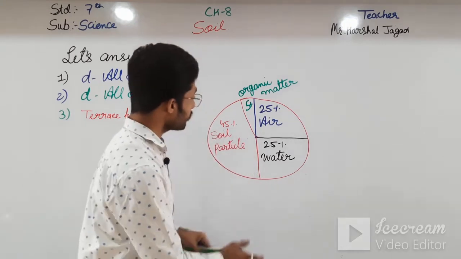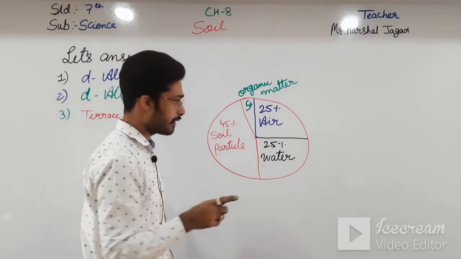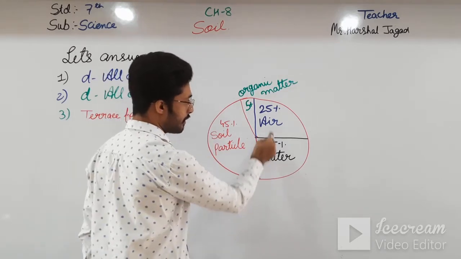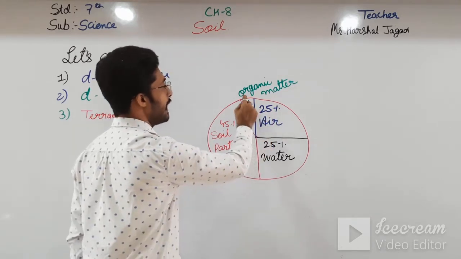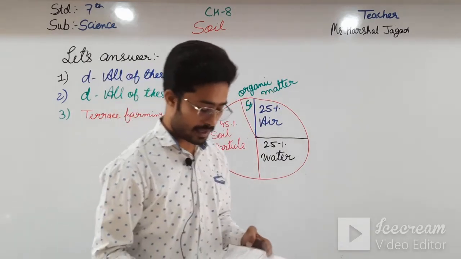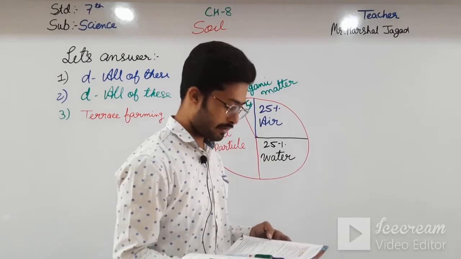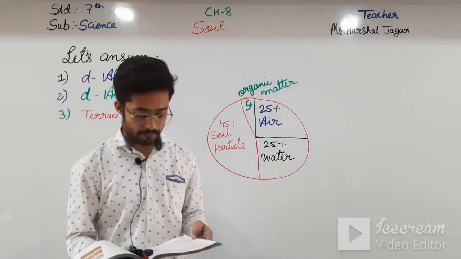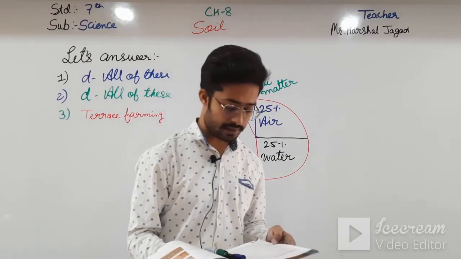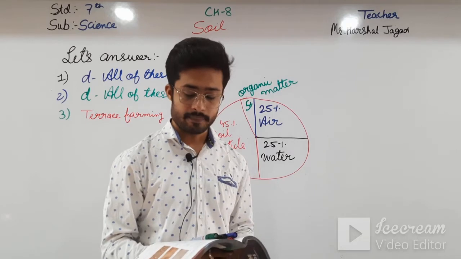So these four things mean 45% of soil particles, 25% of water, 25% of air and organic matter 5%. So these are the composition of soil. Soil is formed by these four things, and the difference in the proportion of these constituents is responsible for the different types of soil.